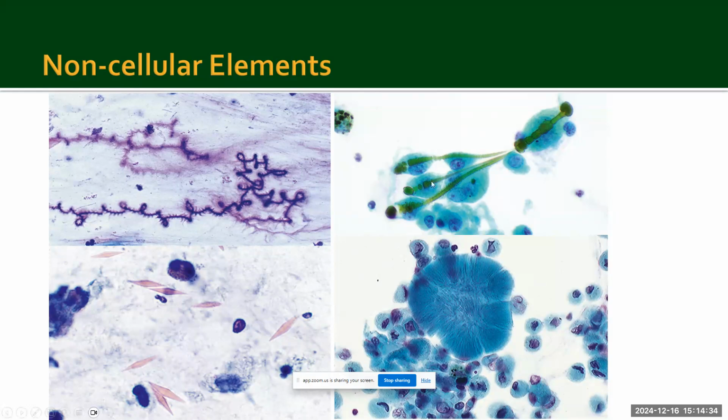You're seeing ferruginous bodies in the upper right side, and corpora amylacea in the bottom right. These are other various non-cellular elements that you see. Beautiful pictures on those slides. Yeah, the reactive pneumocytes can always be confusing with the malignant cells.